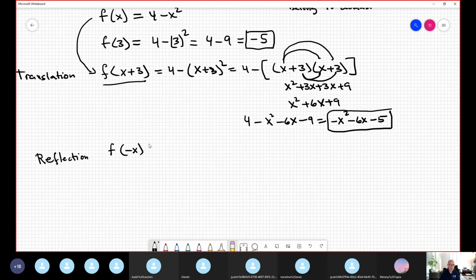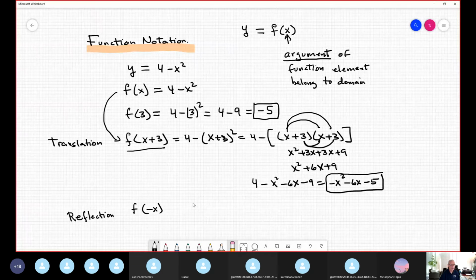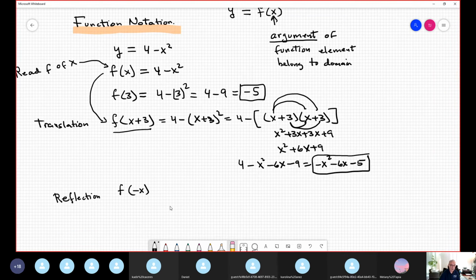So instead of the original f of x, because I forgot to say, you read that like f of x. So this is f of minus x. When you replace x for minus x, you are doing a reflection like a mirror, and you flip it somehow.